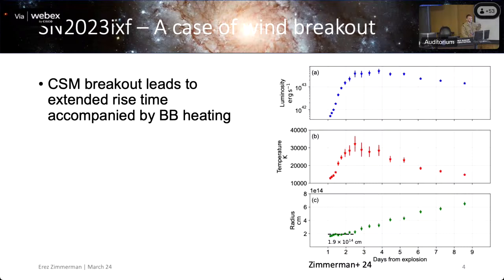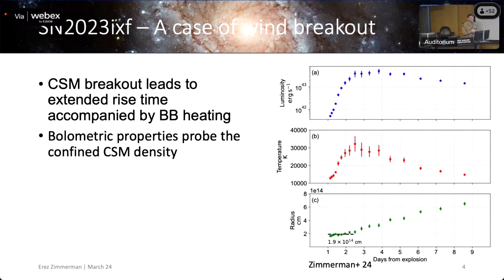Otherwise, we would be underestimating the luminosity. But we would also miss the temperature. We wouldn't see the peak temperature because we would be in the Rayleigh-Jeans tail of the black body distribution. So we won't know what the peak temperature of the supernova is. So we basically cannot see the supernova heating and the extended shock breakout, and we won't really be able to tell what the measure of the CSM shock breakout really is.